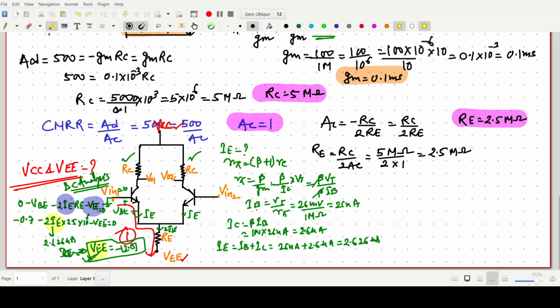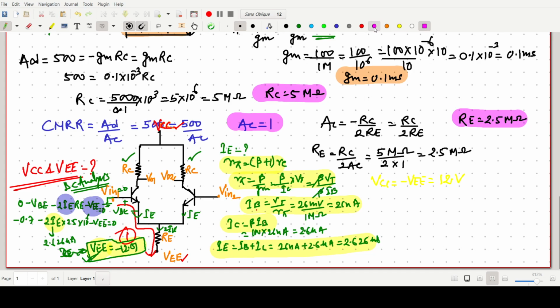IC is beta IB, then IE is the sum. So the VEE value will be minus 12.0. Now the VCC value will be the same as VEE, so it will come nearly around 12 volt.